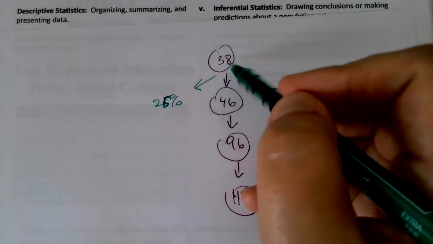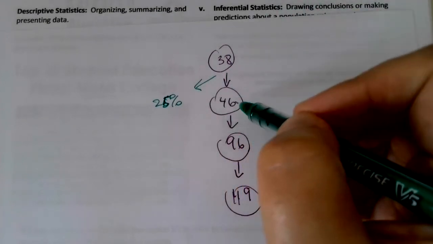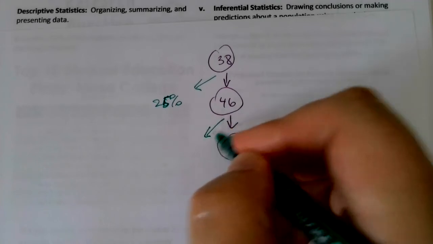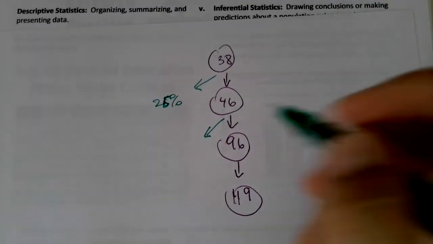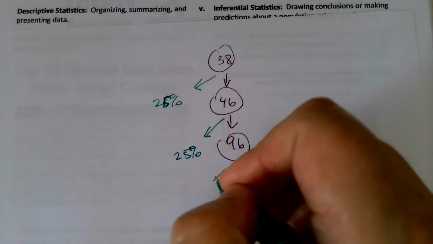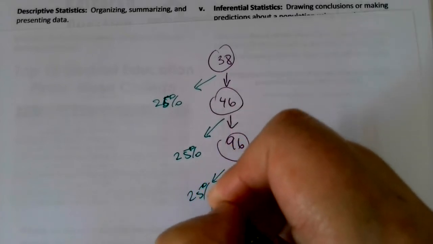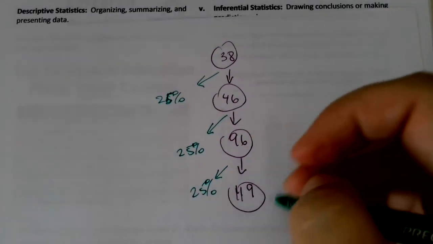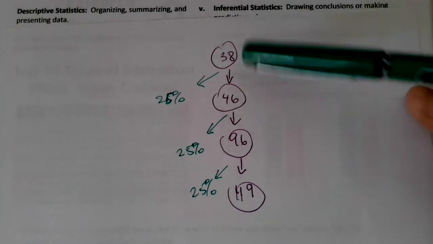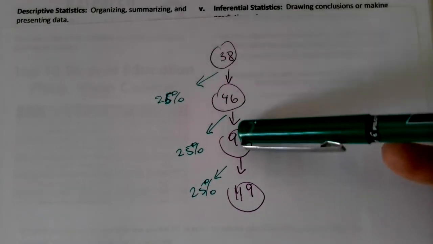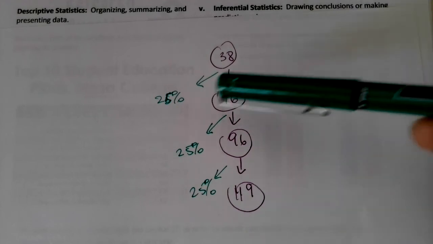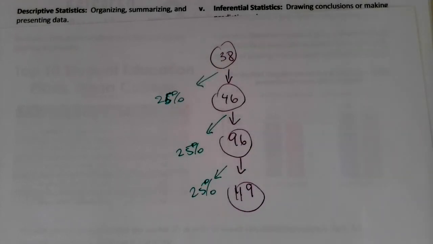They passed the 38 and they were eligible for enrolling in 46, but they never enrolled. And then same happened after finishing 46, 25% left that course, and 25% left after 96. By the time they had to take 119, a lot of people just didn't make it there.